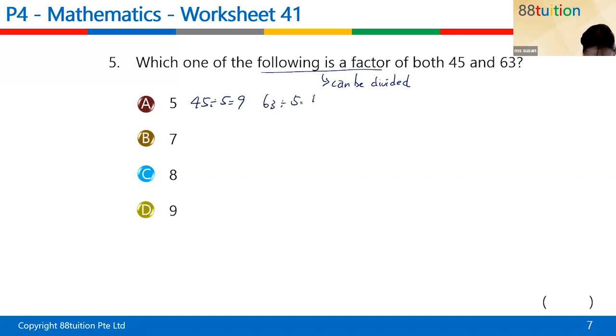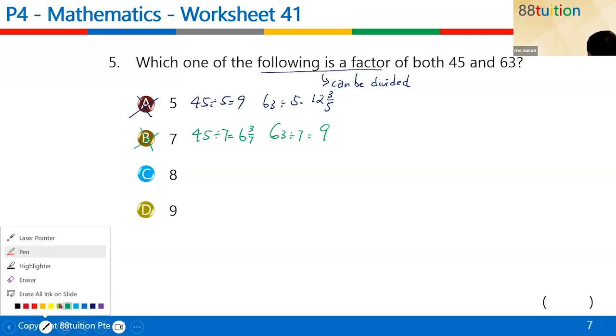No, because it will give you a fraction, 12 and 3/5. So this one is out. So we cross that out. Let's try 7. Can 45 be divided by 7? 7 sixes is 42. But 63, if you divide by 7, that gives you 9. So one is not divisible, the other one is divisible, so still cross.